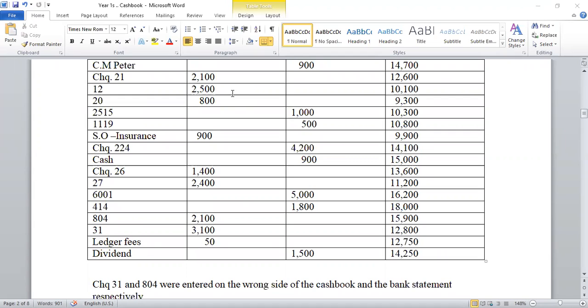Option 2, it's a payment presented in the bank statement. Option 3, it's a receipt presented in the bank statement, or a receipt not presented in the bank statement. So if you don't know that unpresented checks are checks issued, therefore they are payments not reflected in the bank, there's no way you're going to get that answer correct.